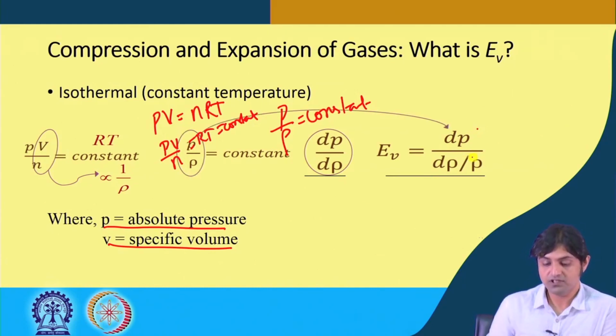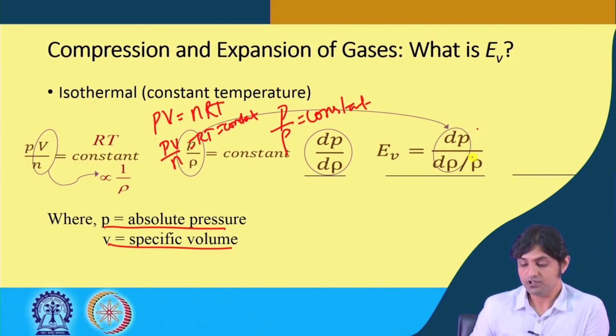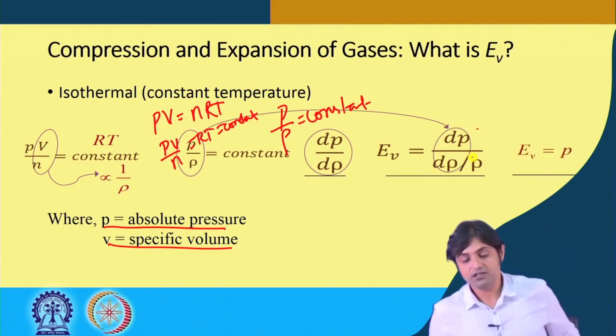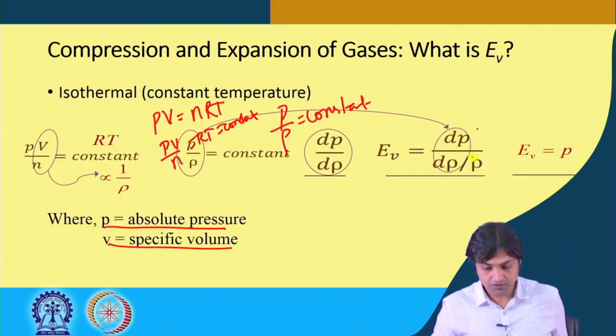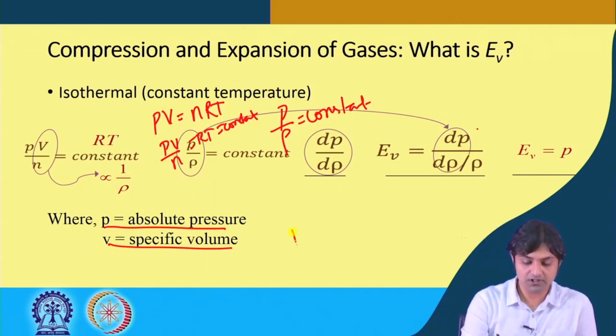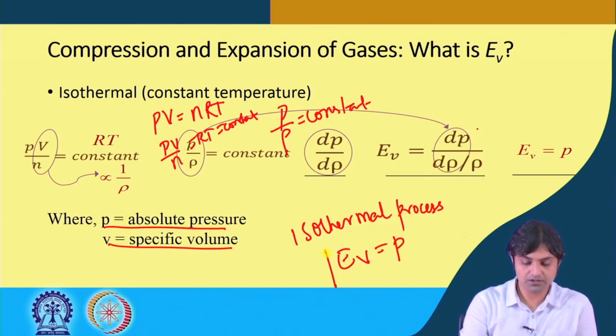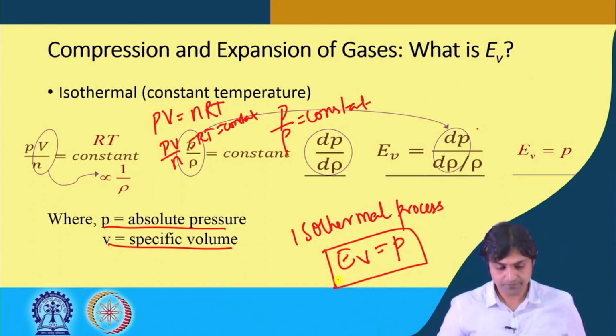So is dP by d rho, and when substituted, it will give us EV is equal to P. More importantly, for an isothermal process, what you must remember is that EV is equal to pressure. This is the most important finding of this particular slide.